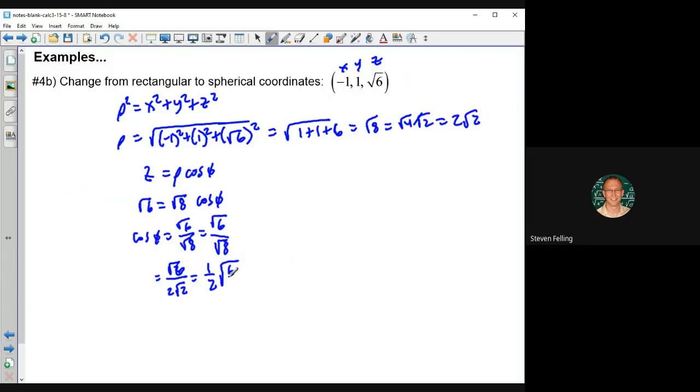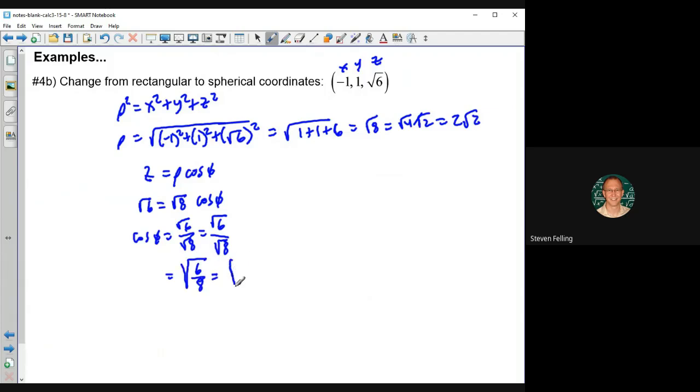Did I make a mistake here? Square root of 6 for z, rho is the square root of 8, cosine phi, square root of 6 over 8. Oh, I see.